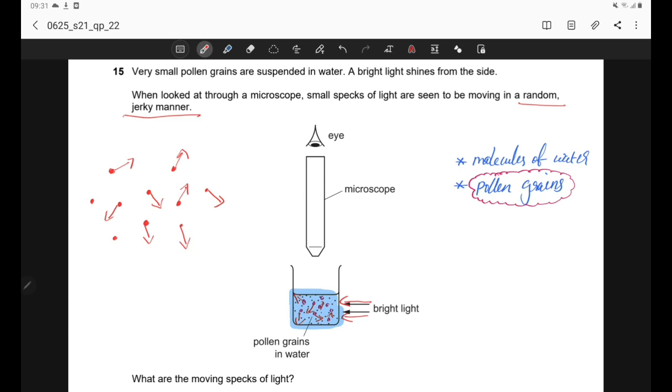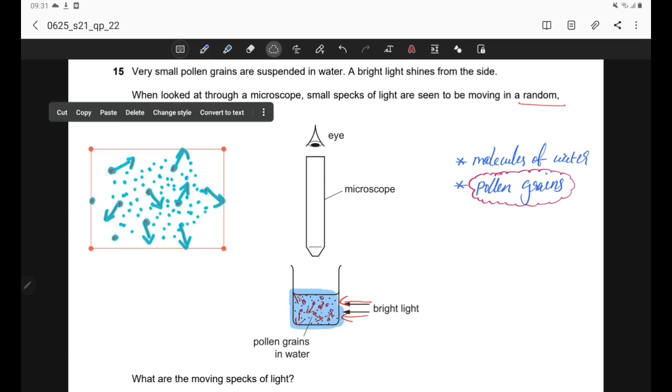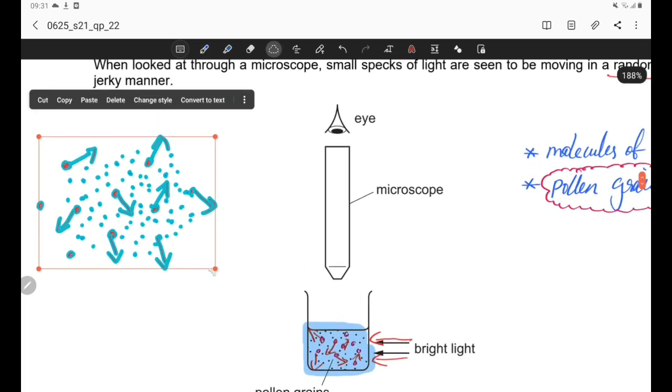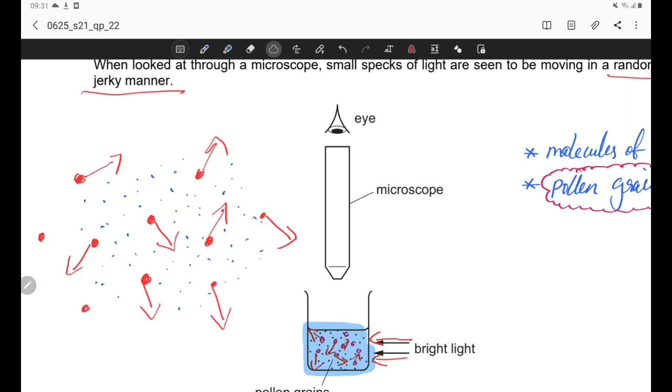It is because of the water molecules, which we cannot see through a microscope, but water molecules are there. Even though their size is very small, millions of water molecules are present in this container, and these water molecules will be continuously moving in random directions. So if we can zoom in, we can see these water molecules also moving continuously with very high speed and in random directions.